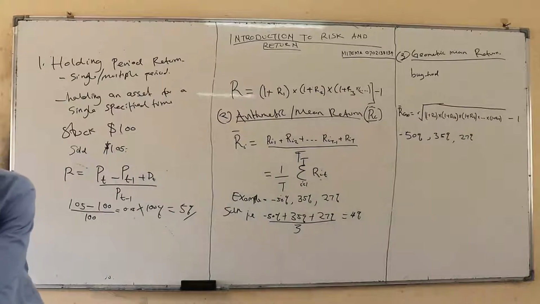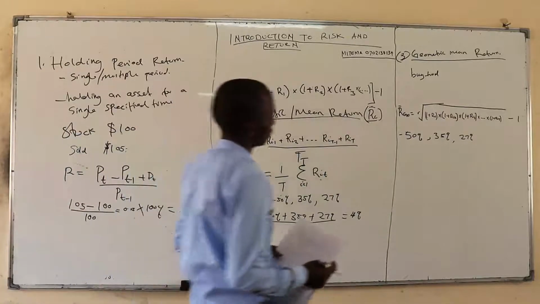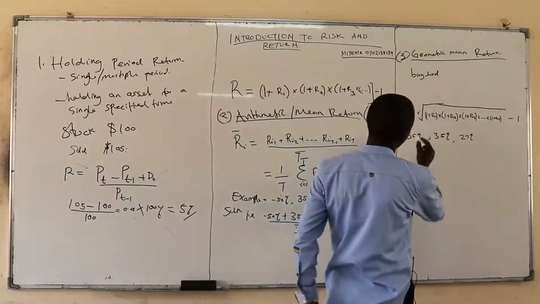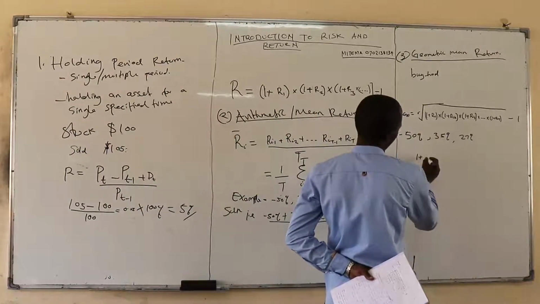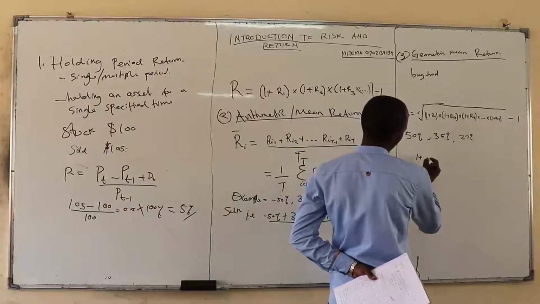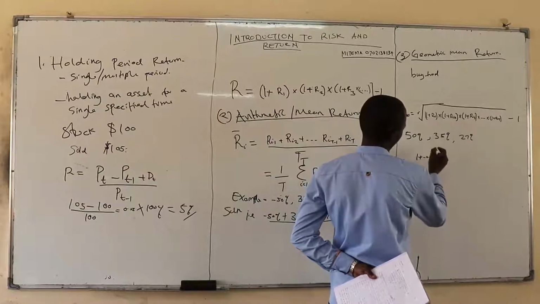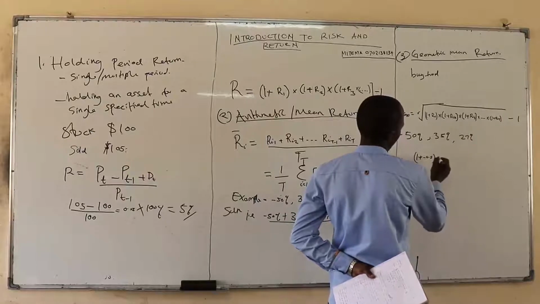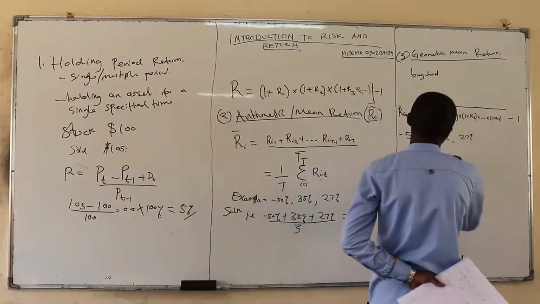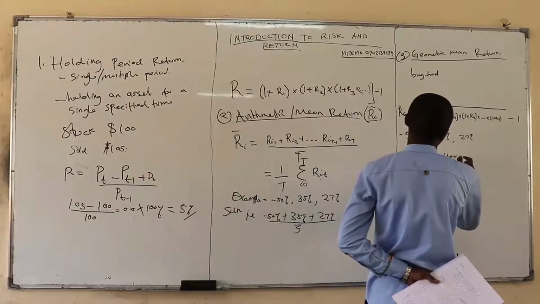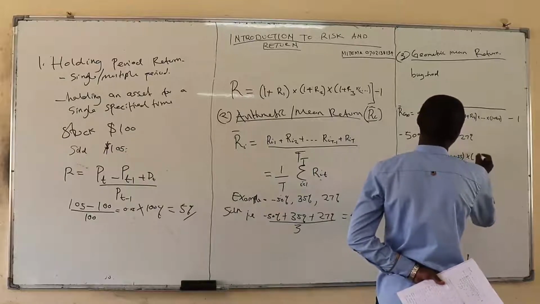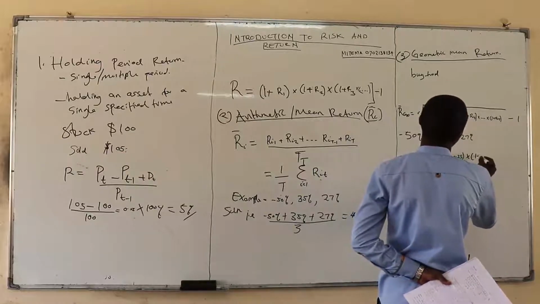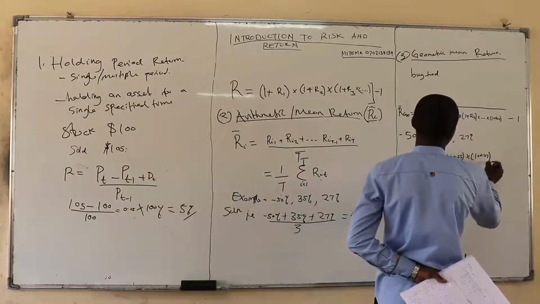Then what you do, you key in: the first return is 50%, so it's 1 plus minus 0.5, times 1 plus 0.35, times 1 plus 0.27.